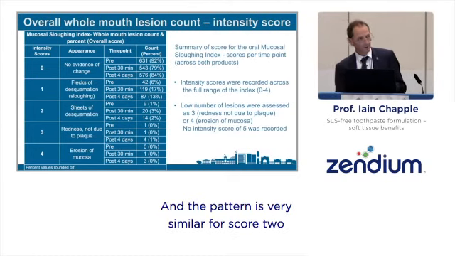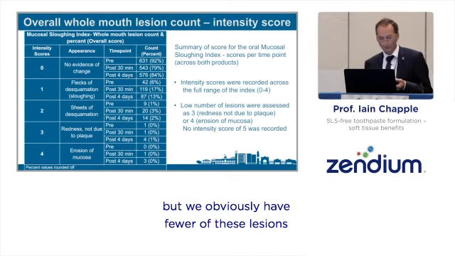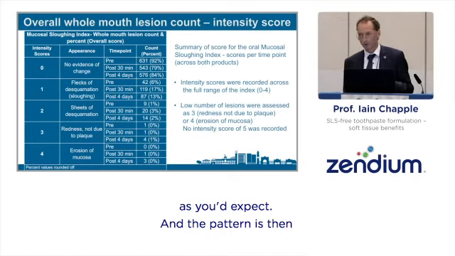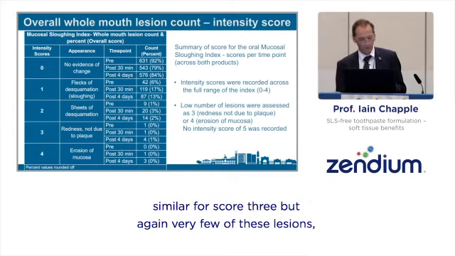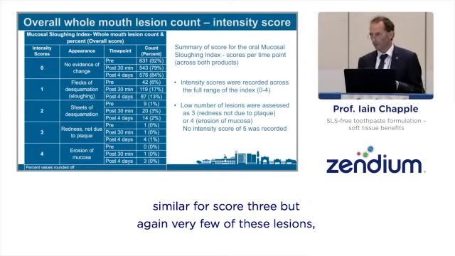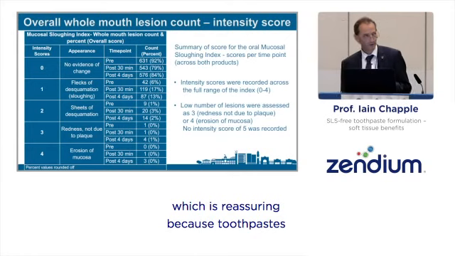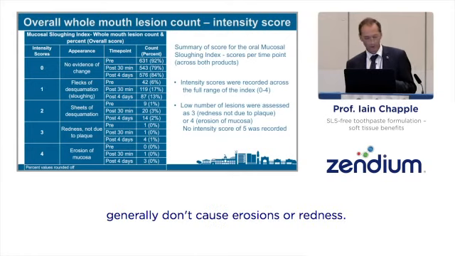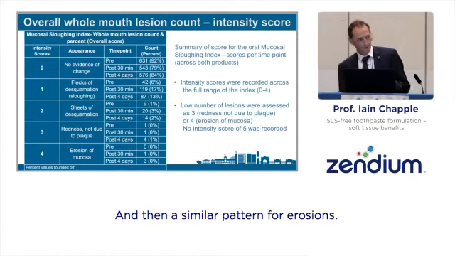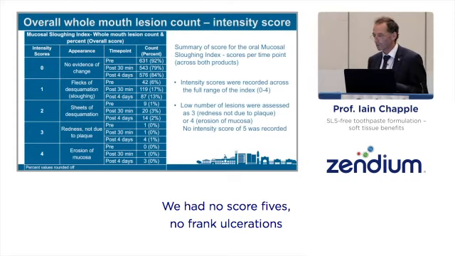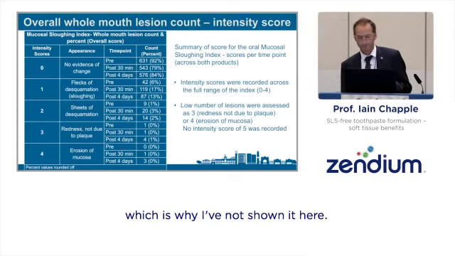And the pattern is very similar for score 2, but we obviously have fewer of these lesions as you would expect. And the pattern is then similar for score 3, but again, very few of these lesions, which is reassuring because toothpastes generally don't cause erosions or redness. And then a similar pattern for erosions. We had no score 5s, no frank ulceration, which is why I've not shown it here.